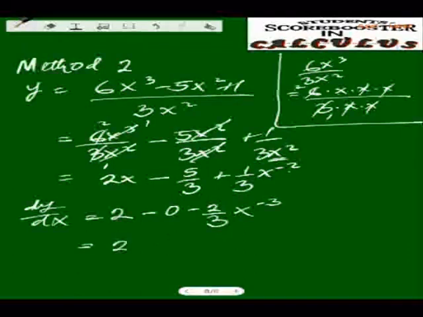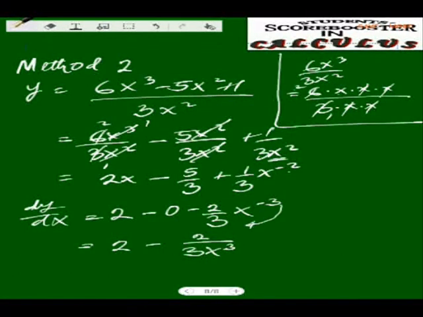So my answer will be 2 minus 2 over 3x cubed. I mean, if I bring this one down, that is using law of indices.